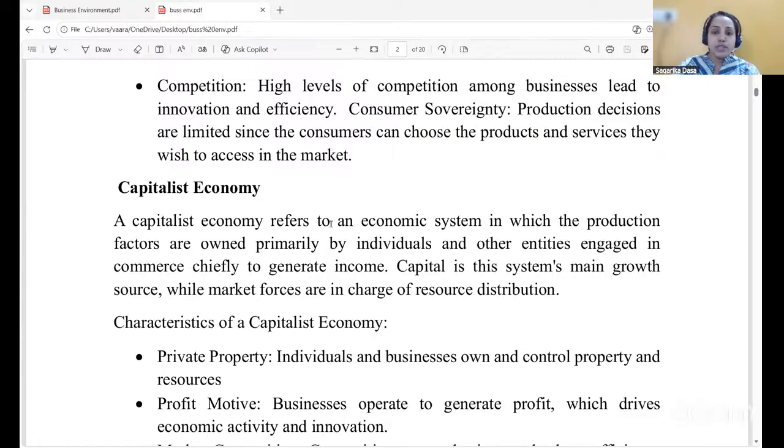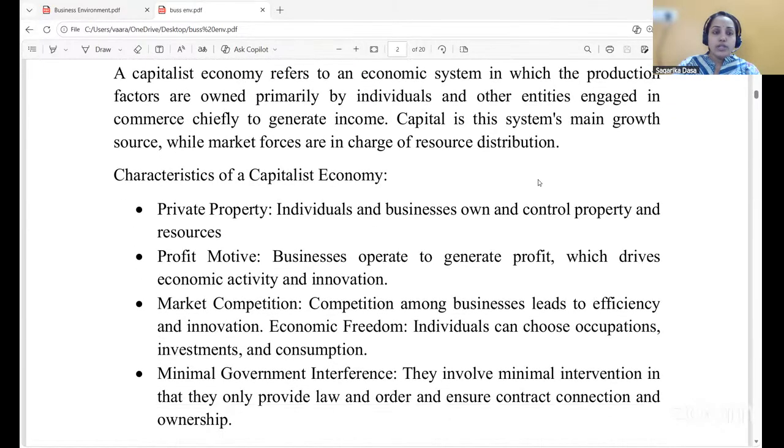So in a capitalist economy, the individual owns the factors of production and is engaged to generate income. Their motive is to earn profit. Capital is the system's main growth source while market forces are in charge of resource distribution. So in the capitalist economy, capital plays a major role.